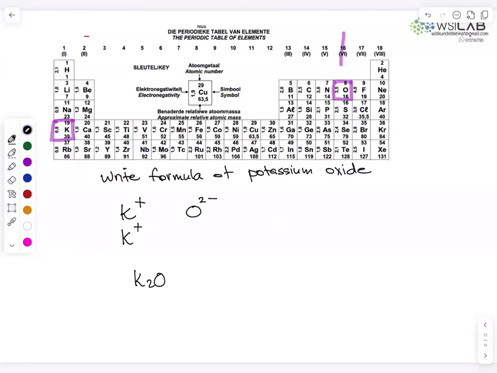See that? 2 Ks and 1 O. Okay, that makes sense. So some students are clever. They say, no, look, there's an easier way to do it. The value on the oxygen just goes there, and the charge on the potassium just goes there. So that becomes K2O1, but I don't write the 1.